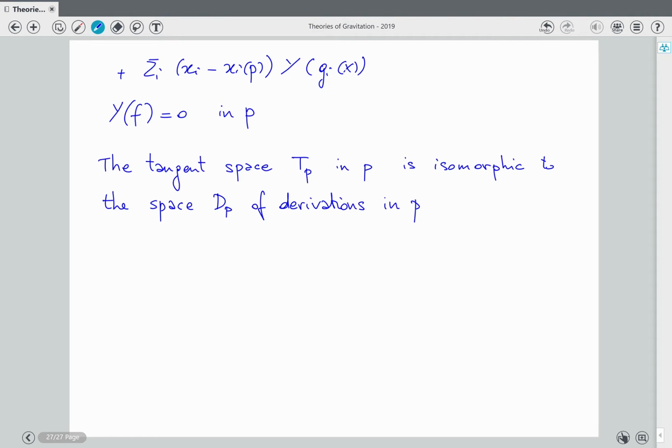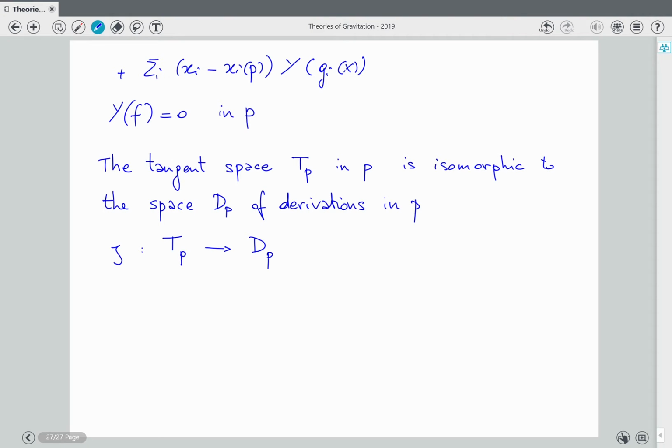These are quite simple properties, so it's just sufficient to write down explicitly the map, this isomorphism, to convince ourselves that indeed the two spaces are isomorphic. So the map will be called zeta.